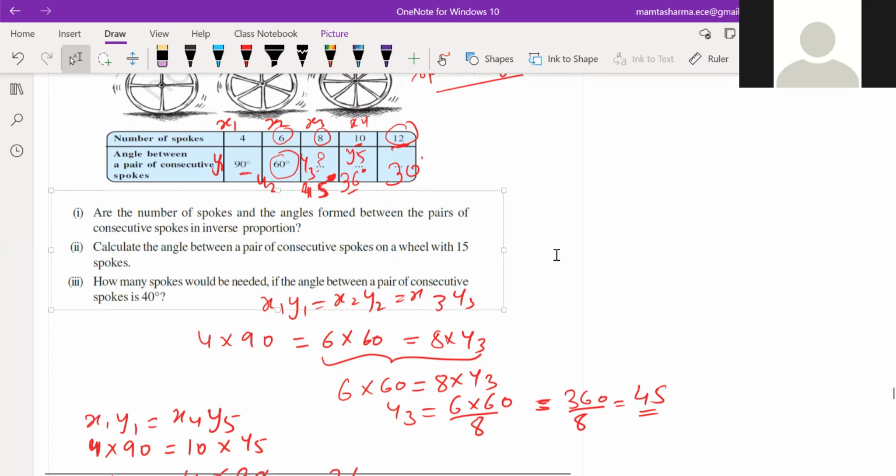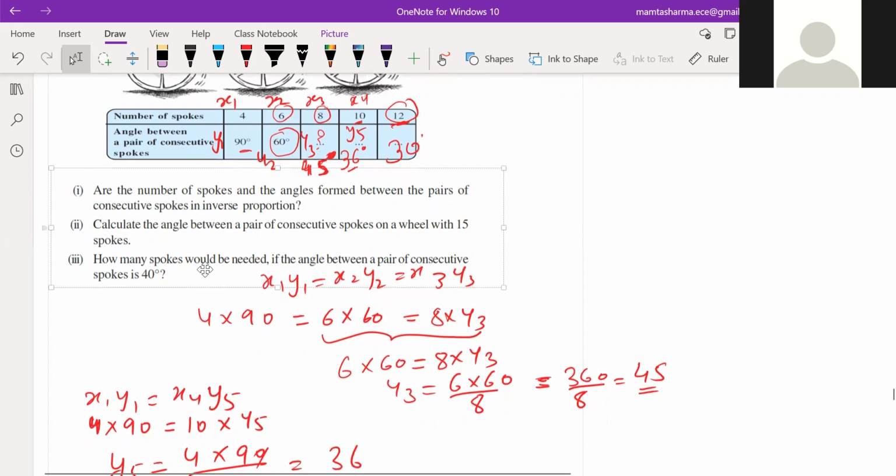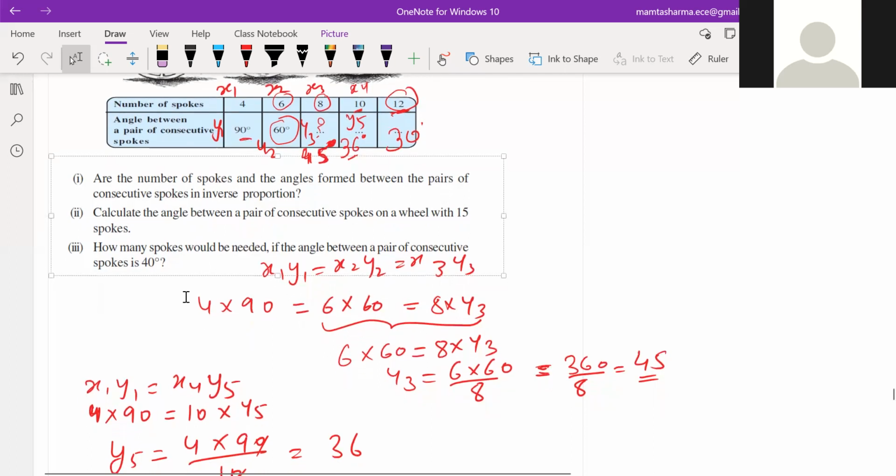She requested me, ma'am, please start the unit, and now she is not attending. Okay. How many spokes would be needed if the angle is 40 degrees? Ma'am, 9 spokes.